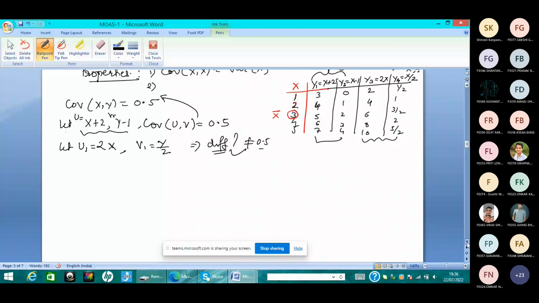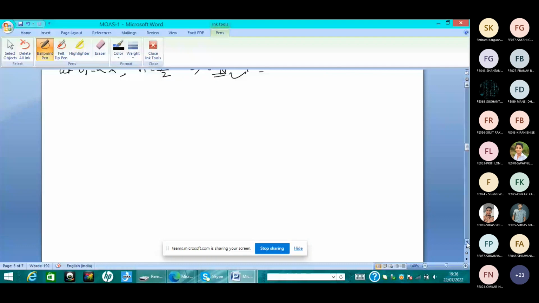Karl Pearson correlation coefficient. This is important to us. Correlation between x and y. So what is the formula? Covariance between x and y upon sigma x sigma y. So this is the formula.